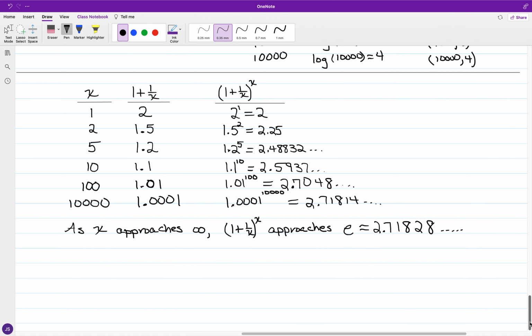And again, like pi, we will have no terminating decimal.